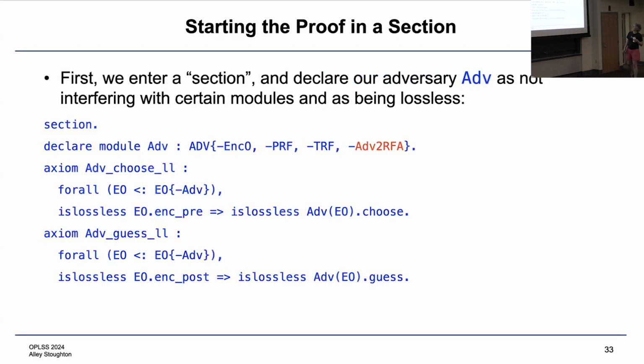Okay, so here's the high-level structure. We are going to enter what's called a section and then declare av to be some black box adversary that implements this interface that doesn't interfere with the global state of any of these other things that are here.